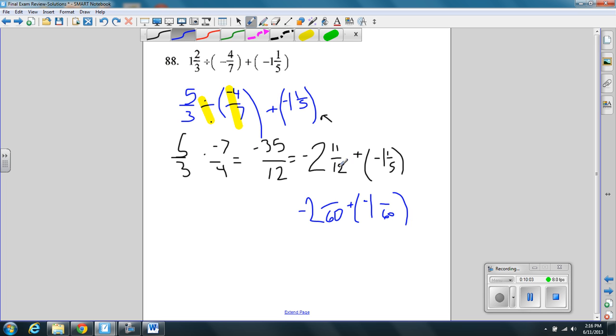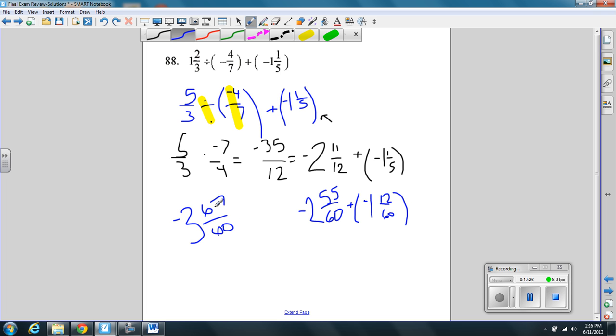So 12 times 5 is 60, so 11 times 5 is 55. 5 times 12 is 60, so 1 times 12 is 12. So now we could add negative 2 plus 1 is negative 3. 55 and 12 is 67 over 60.